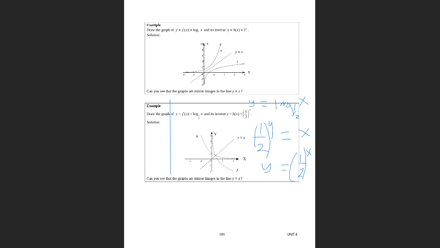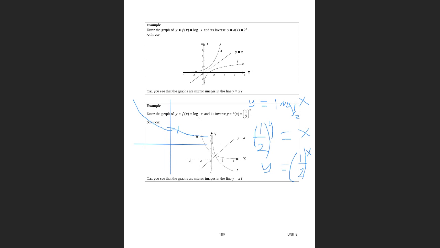So in this case, this graph is a decreasing function like this, where as x is increasing, y is decreasing.